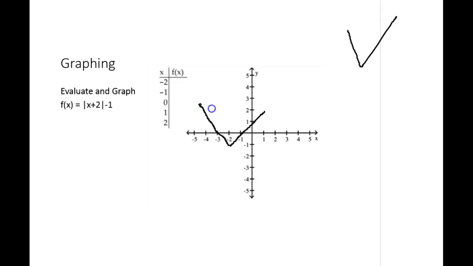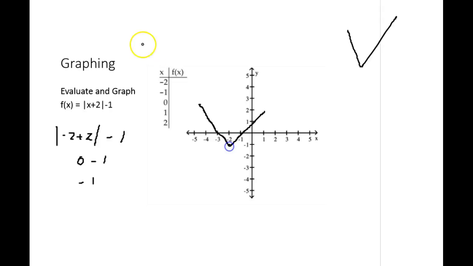I can't hit it perfectly. So negative 2 plus 2, the absolute value of negative 2 plus 2, minus 1. Negative 2 plus 2 is 0. The absolute value of 0 is 0. So at negative 2, you're going to get a negative 1.